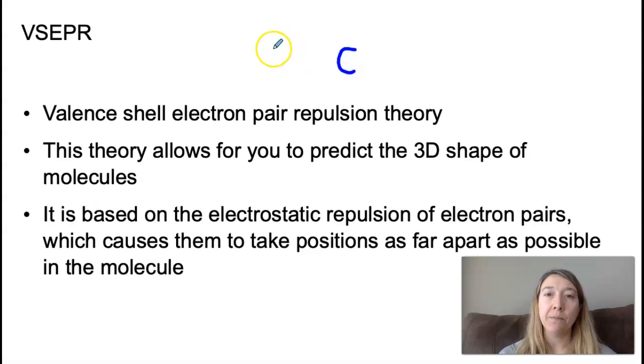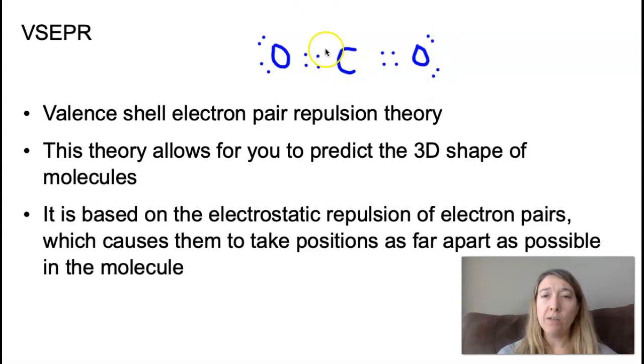We would put the C, we would have the O, we would have the O, and then we would say there are two shared pairs here, and two shared pairs there. And then obviously we have our lone pairs. But when we're discussing VSEPR, we're not interested in lone pairs unless they are on the central atom.